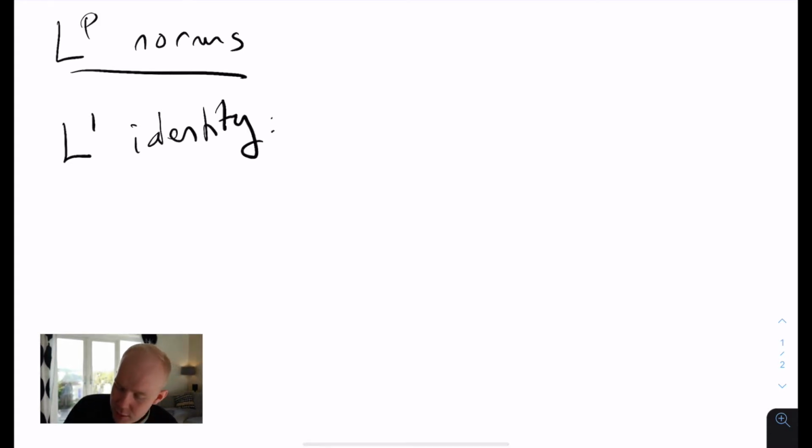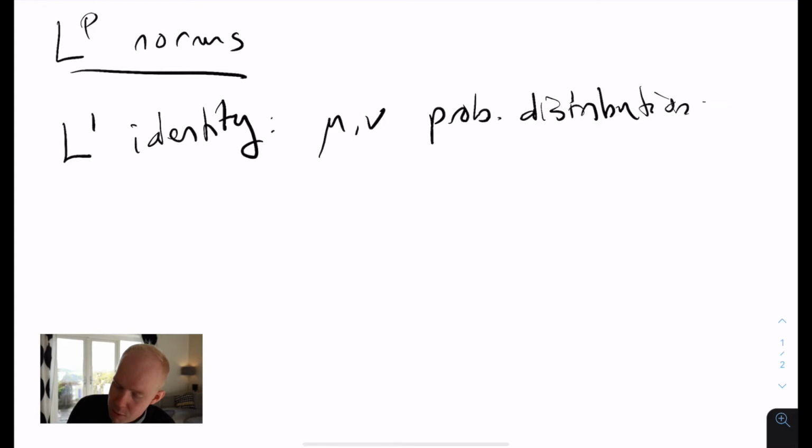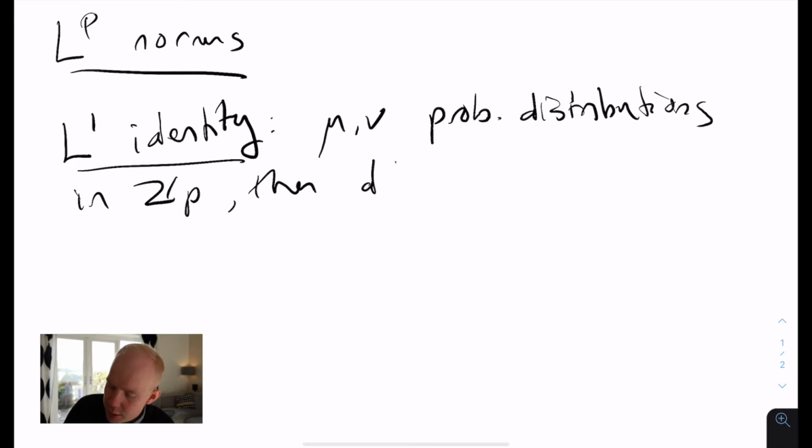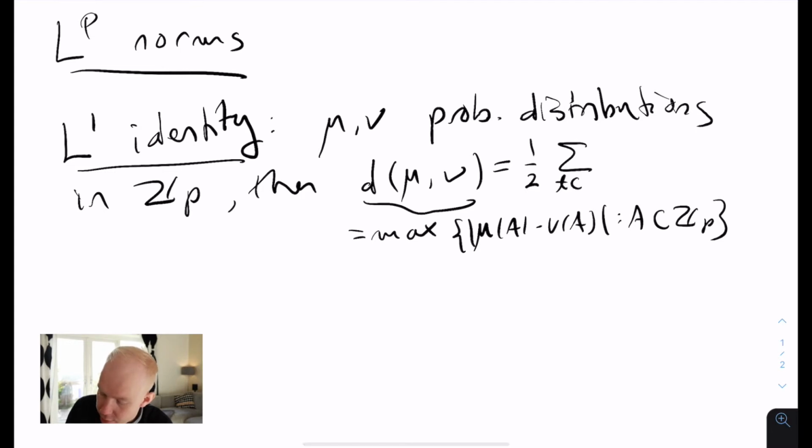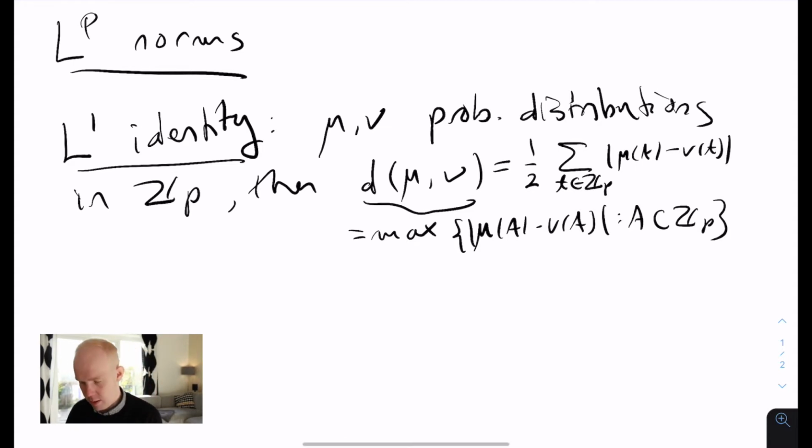says the following: if you take mu and nu probability distributions in Z_p, then the total variation distance, which if you remember was the maximum over the measures of the sets A in Z_p, is equal to a half of the sum over the whole group of |mu(t) minus nu(t)|.